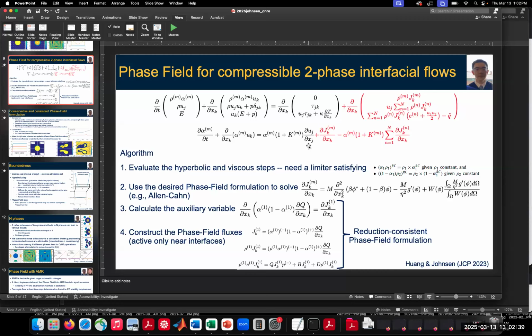No, there's been a lot of work done in incompressible multiphase flows that we've been able to draw from. What was not known in compressible flow is that some of these terms here are specifically there to model the compressibility of the flow, and therefore were not present in your phase field model for incompressible flow.